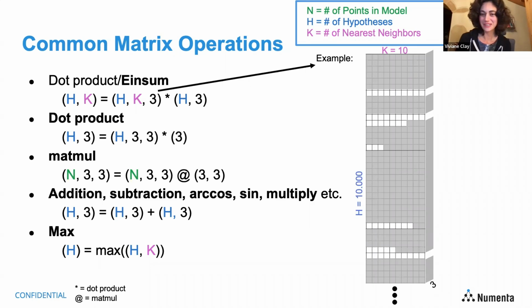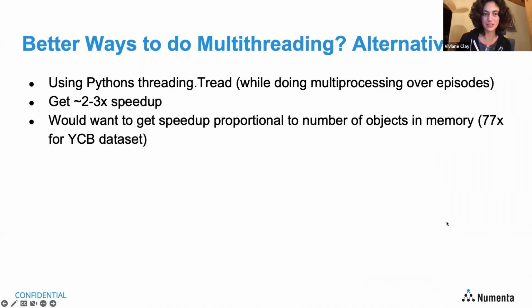So the second topic, I don't know if there is a good solution to it in Python or not, but I was wondering if anyone knows about better alternatives to multithreading. I don't know if you remember from last time, but we do multiprocessing across episodes. Within these processes, we also do multithreading over objects, because we can update each object's evidence independently of all the other objects.